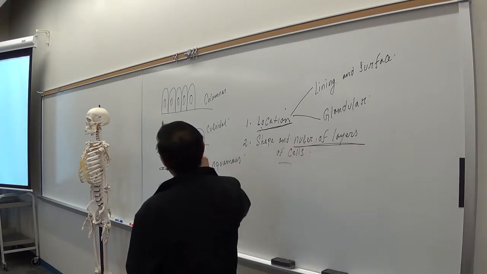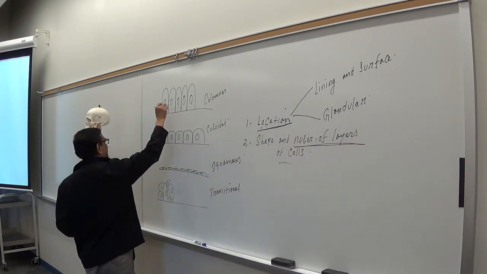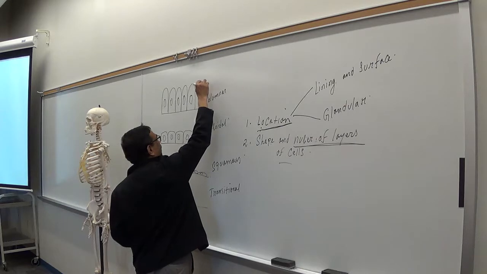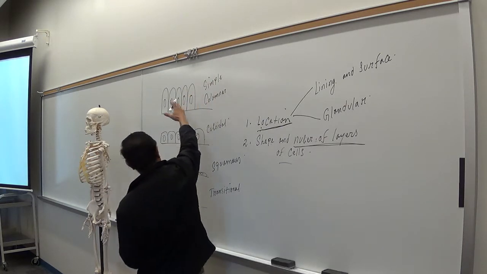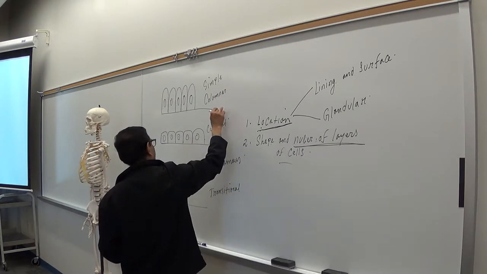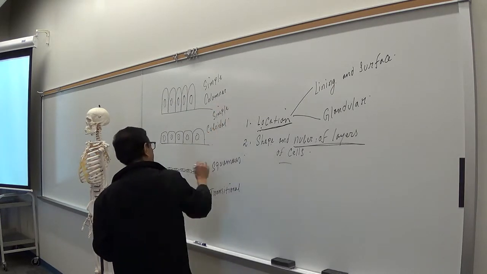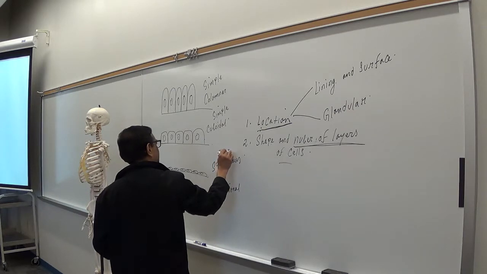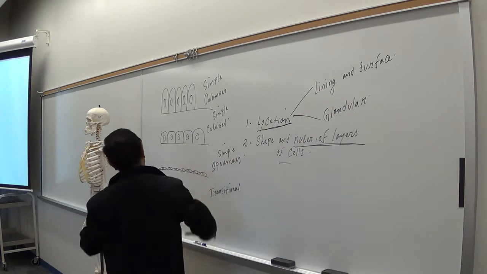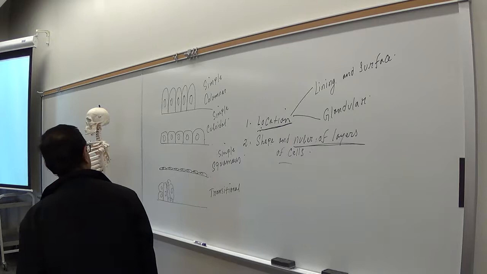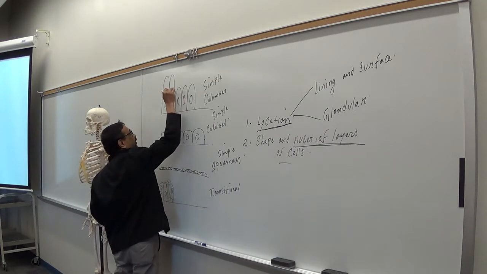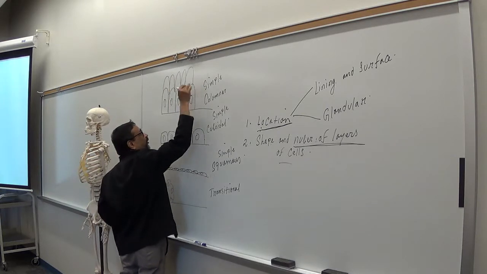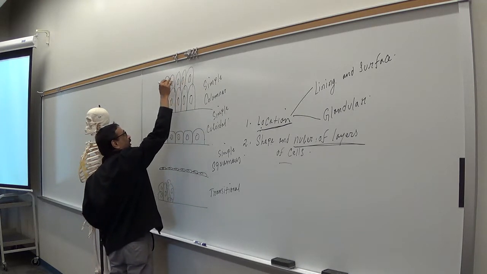layers. If you see a single layer, that is called simple. Simple means single layer. So this is simple columnar, this is simple cuboidal, make sense? This is simple squamous. Transitional, we don't say simple or stratified. Okay. Now if you see more than one layer, that is called stratified. So this is now stratified columnar, make sense?